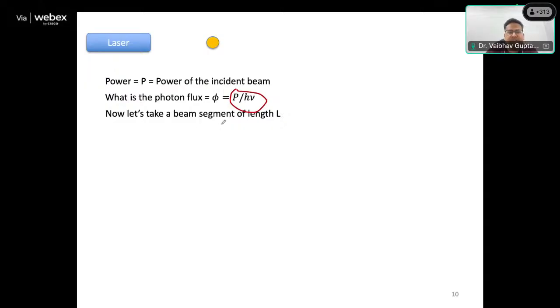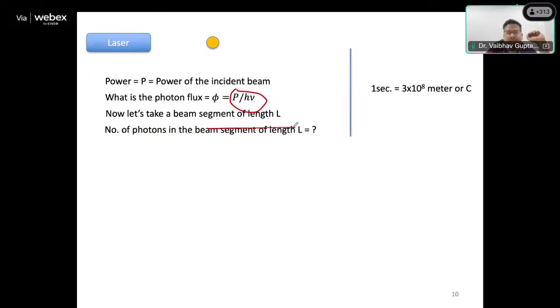Previously we were considering a 30 centimeter line segment. Now we can consider a generalized way. We have a line segment with the length L, and we have to calculate the number of photons within this beam segment. Remember that 3 times 10 to the power 8 meters is traveled within a second, and you can call this c.